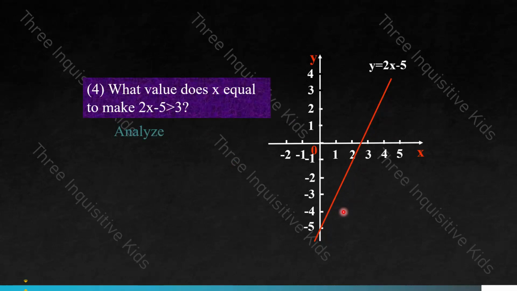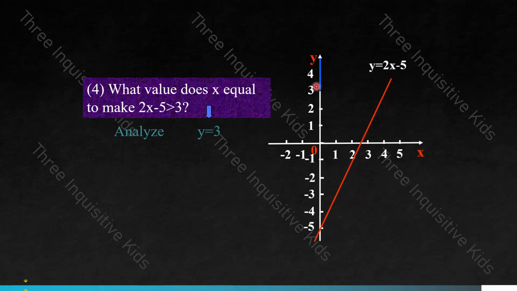Our fourth question here. What value does x equal to make 2x minus 5 greater than 3? So now it's a bit different. Previously we were asked 0, but now we're just increasing our right side of the inequality by 3. So let's analyze this step by step. This is the same thing as what value does x equal when y is greater than 3?